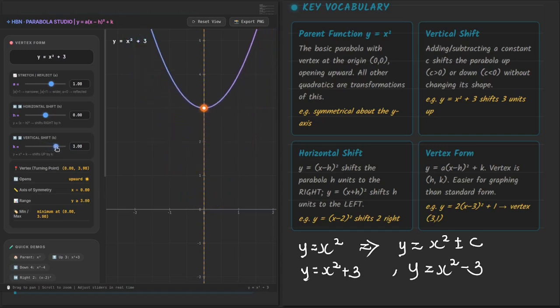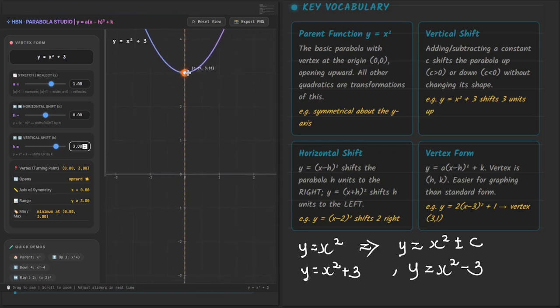So for plus 3, look at what happens. Look at where plus 3 takes me to. You see that it has moved the parent function all the way up. Initially, the vertex was at the origin, but this time around it has moved the vertex to 0, 3.